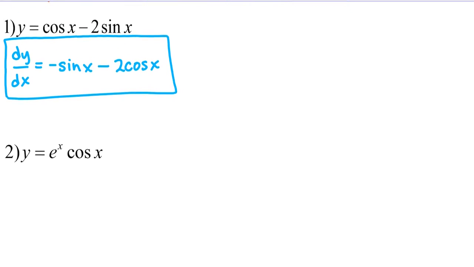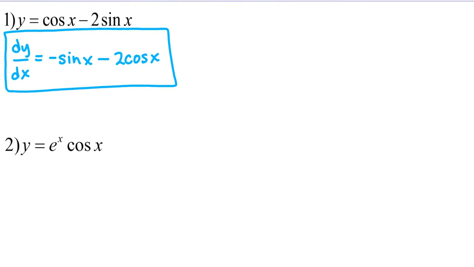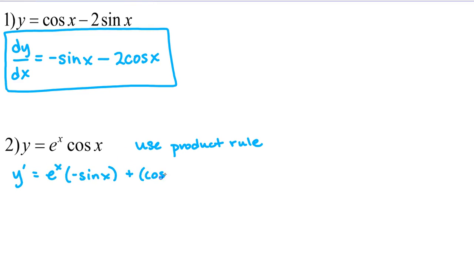Number 2 is a product. Y equals e to the x times cosine x, so we're going to use the product rule. This time I'll call my derivative y prime. So we have the first times the derivative of the second plus the second times the derivative of the first. Now, what would I do to simplify that?